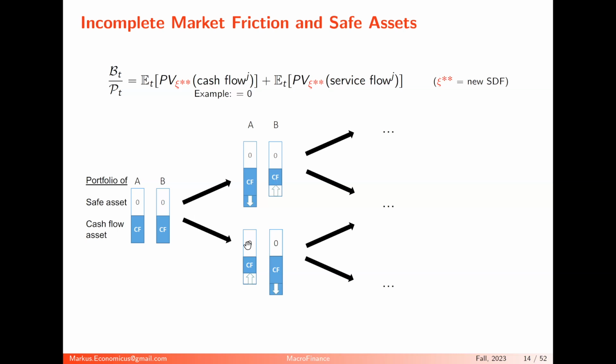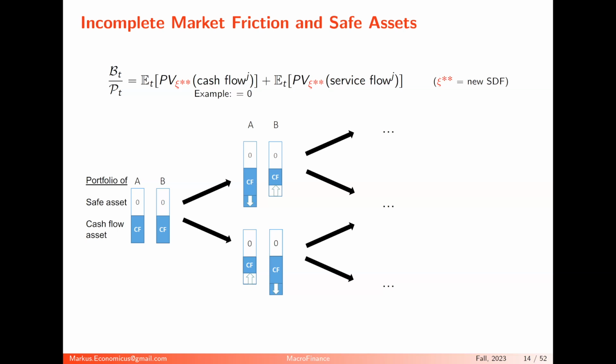When the world goes down, it's exactly the opposite. Alan's cash flow asset contracts and Beth's cash flows expand. Okay. And then the world goes on further. But the important thing is Alan and Beth have exactly the opposite movement in the positive cash flow asset. So ideally, they should write contingent claims to each other. But that's where the incomplete market frictions come in. They cannot write contingent claims to each other. Okay.